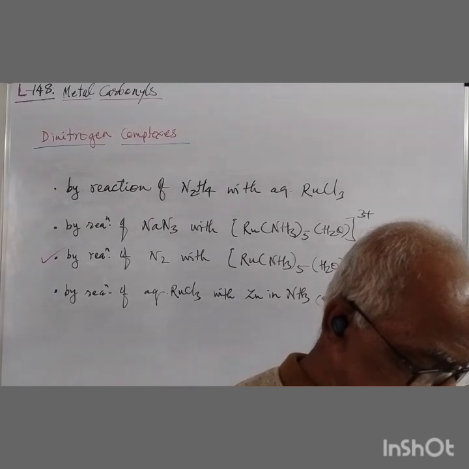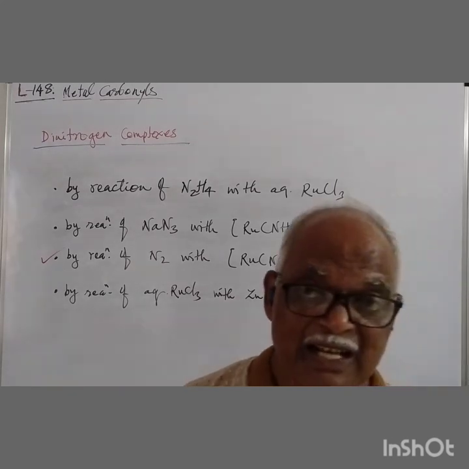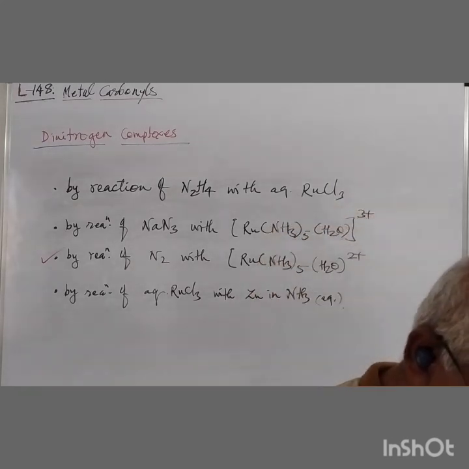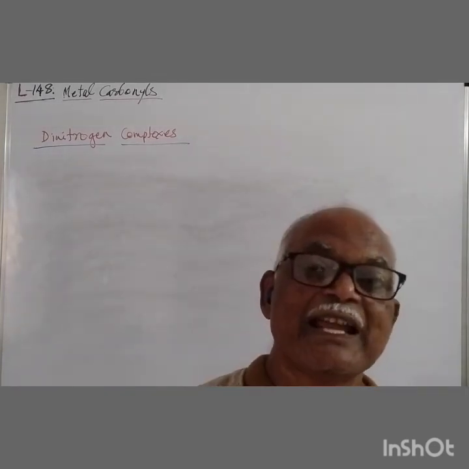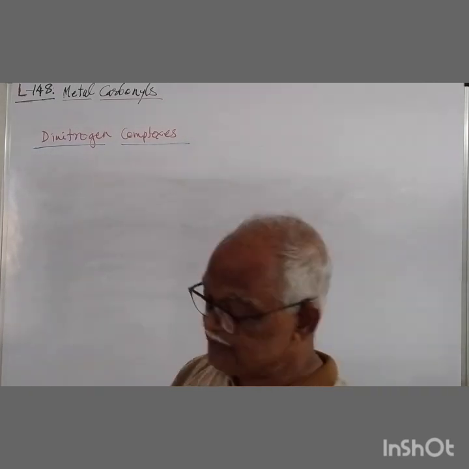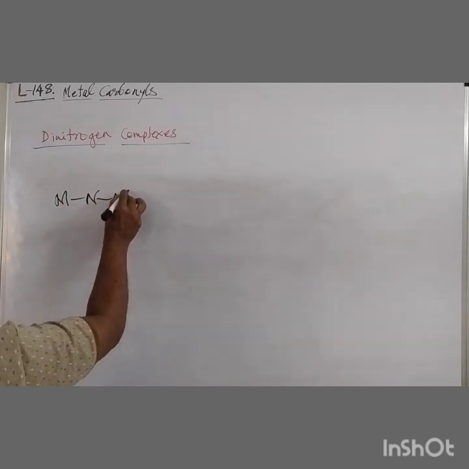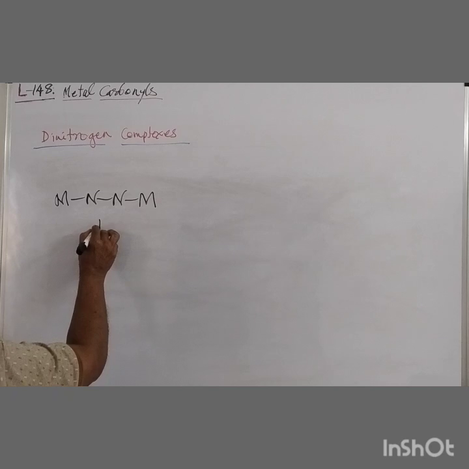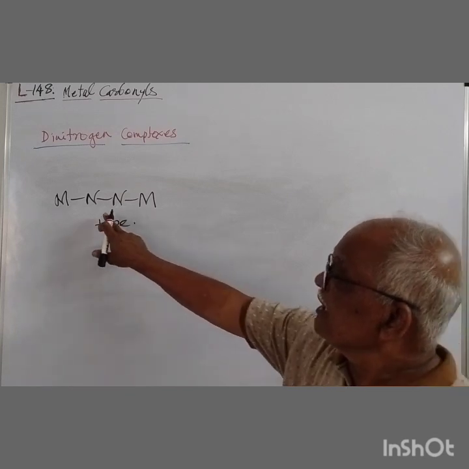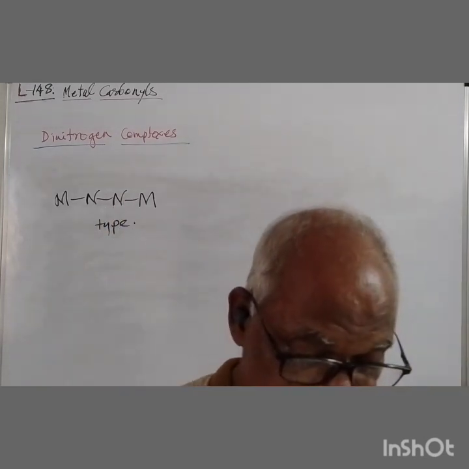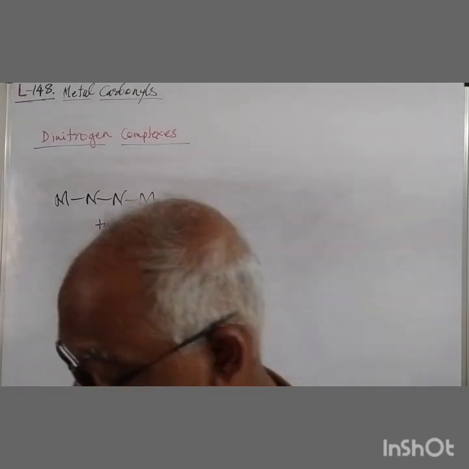This transition takes place via a transient M-N2 complex. Another thing to be noted is that the N2 group can be a bridging group of M-N2-M type. So here N2 acts as a bridging ligand. This can be formed using the following reaction.